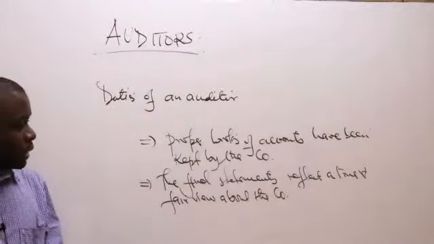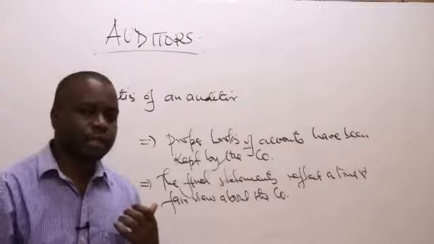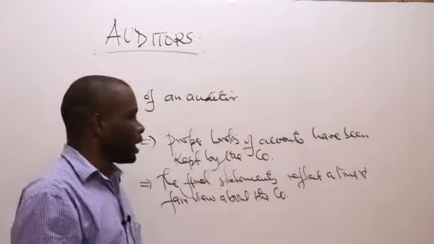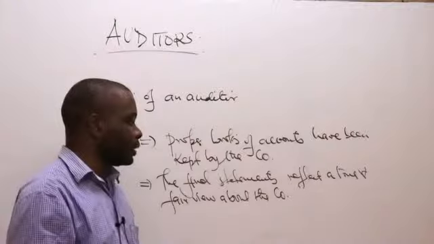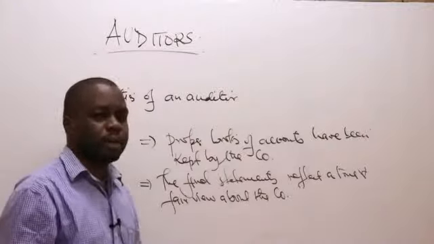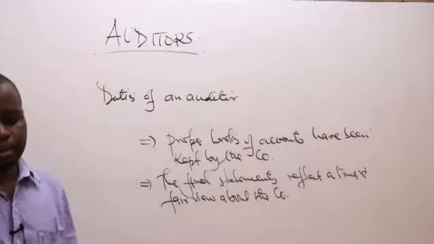Then, of course, if it is a public company, he could go further and look at the remuneration of the directors. So you look at how the directors of the company are being remunerated. Are they following the requirements that have been set out by the members? For example, how much they're supposed to be remunerated as directors of the company.